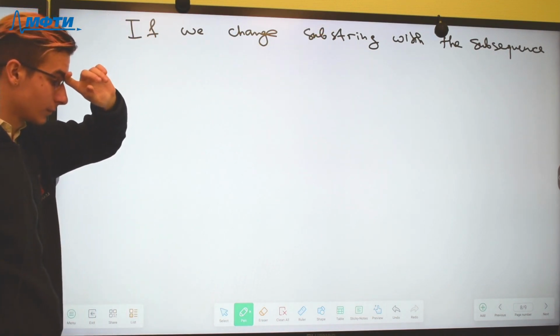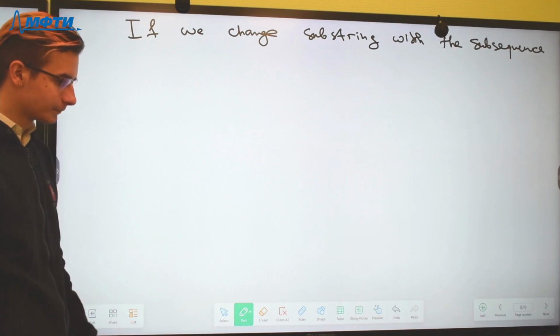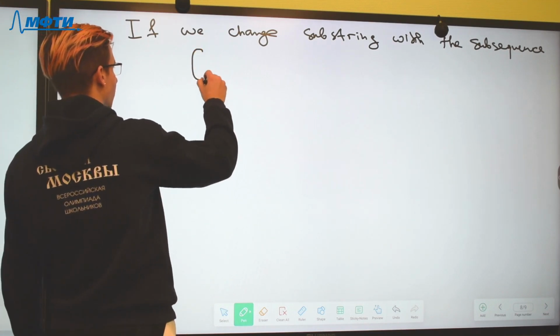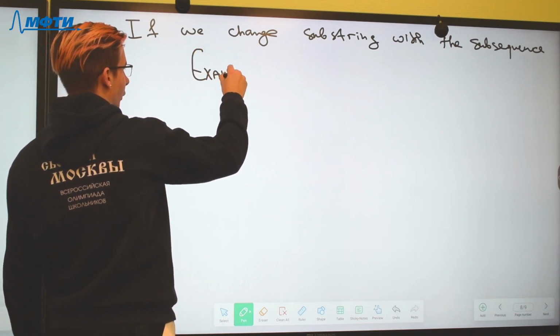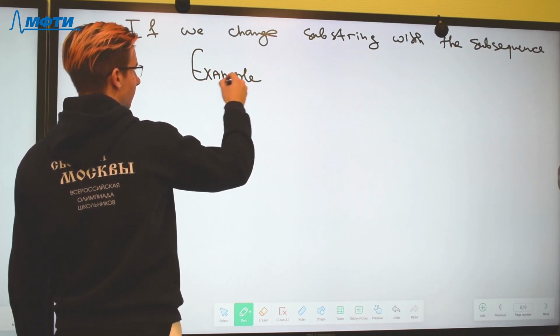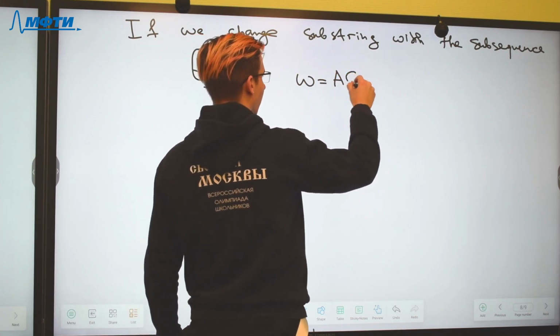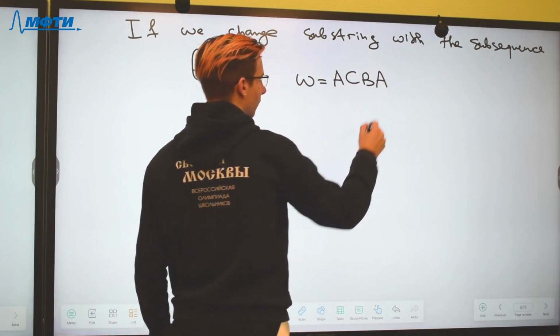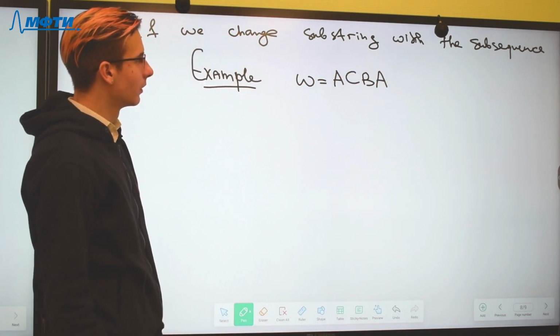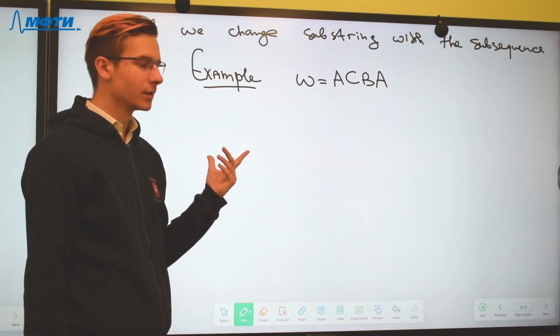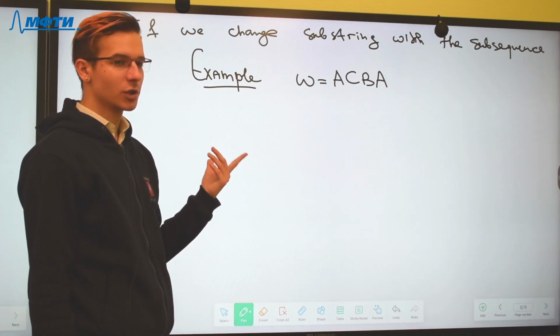For example, why is it different? Because for the word, the longest substring that is a palindrome is equal to 1.